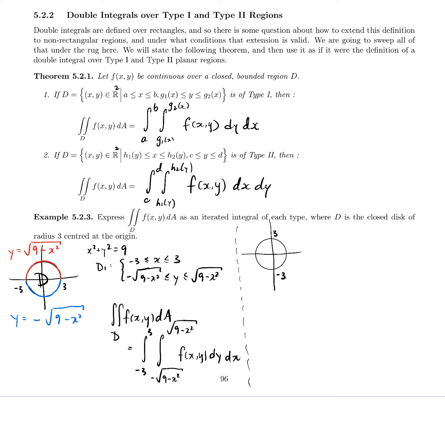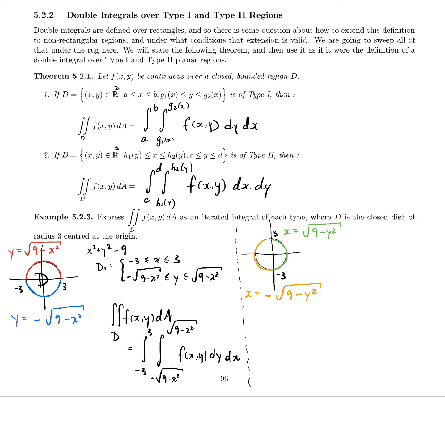So again, minus 3 to 3, and we need a left bound and a right bound. So the right bound, if we take the circle now and solve for x, our right bound is going to be x is equal to the positive root of 9 minus y squared. And the left bound is going to be x is equal to negative the root of 9 minus y squared.